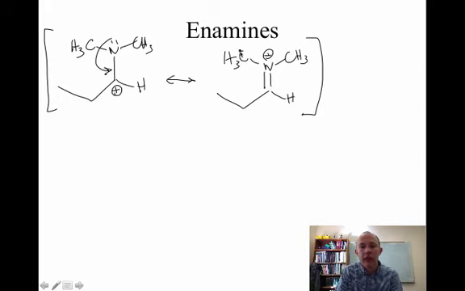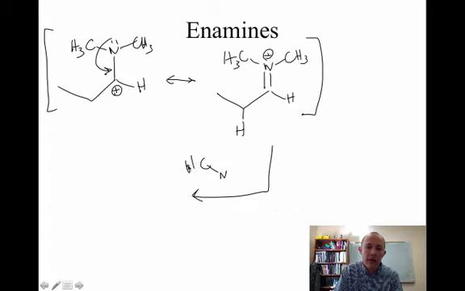So instead of removing a hydrogen that doesn't exist, what we can do is actually remove a hydrogen on the carbon next door. So let's say we have dimethylamine as our base. You want to think about this kind of like the same mechanism as an E2 reaction. The nitrogen is going to accept that proton.